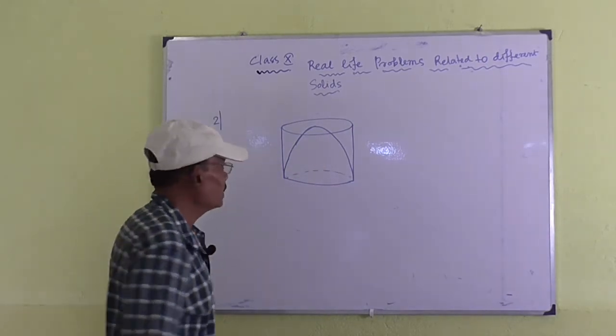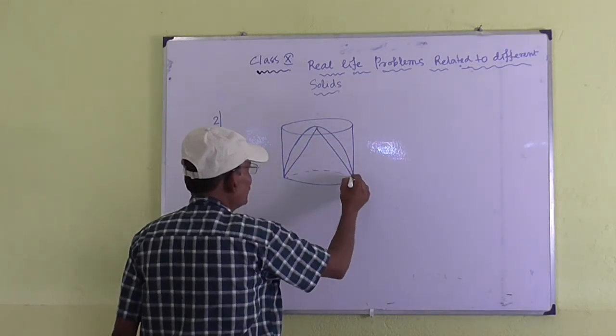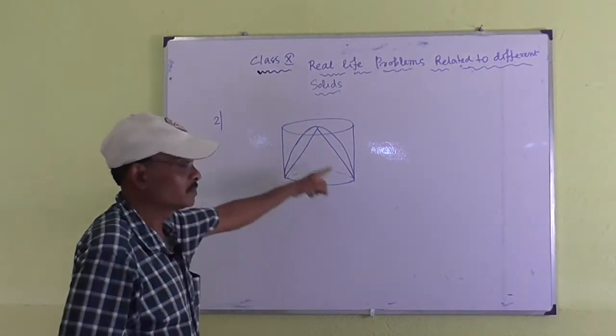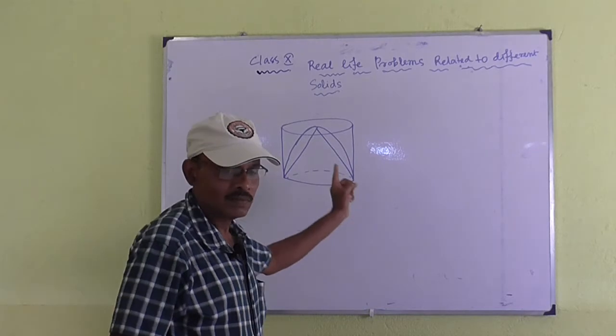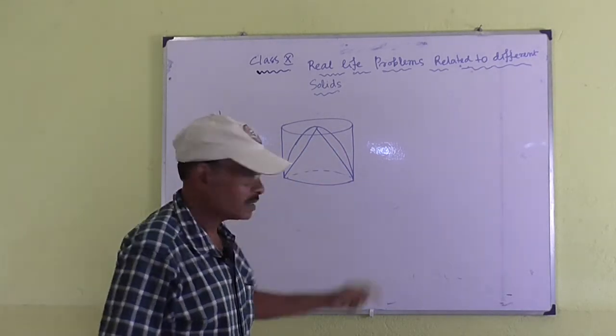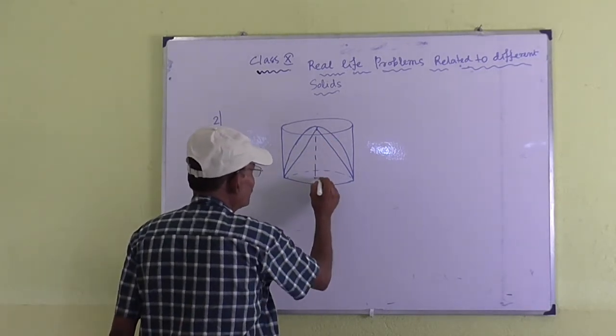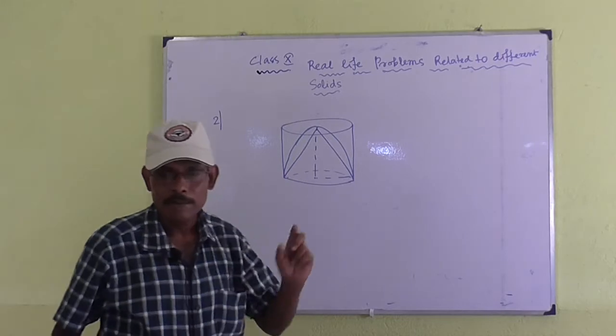Clear? And then a cone inside the cylinder. Clear? So, you have to find the ratio of the volume of the three solids.